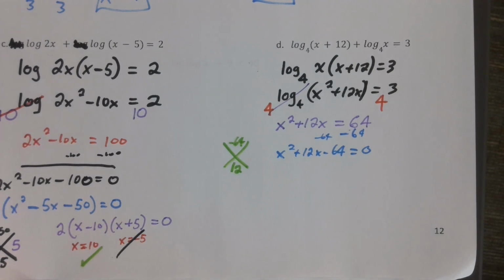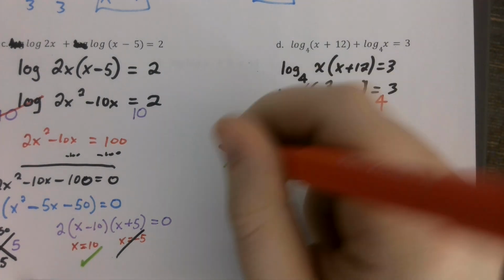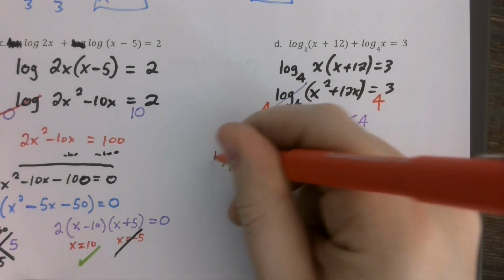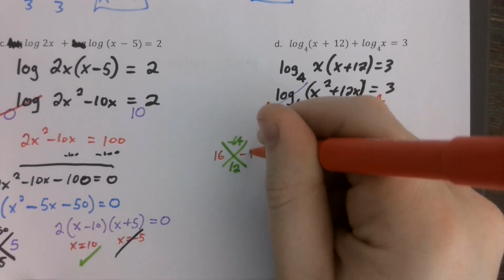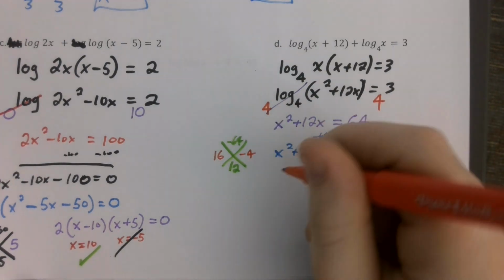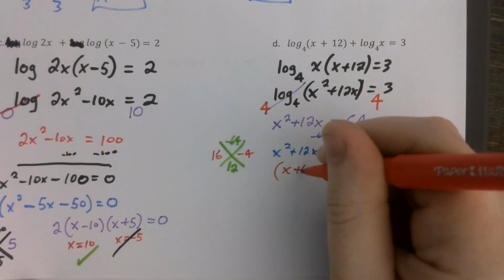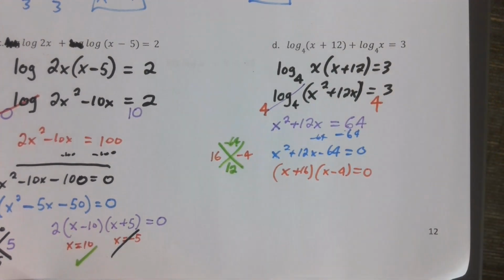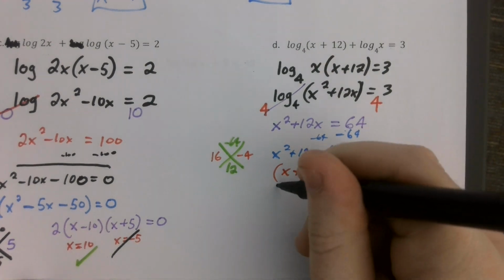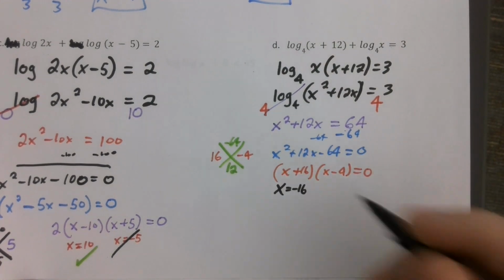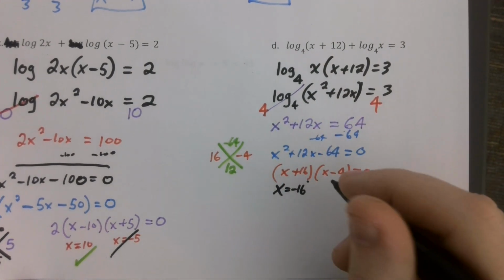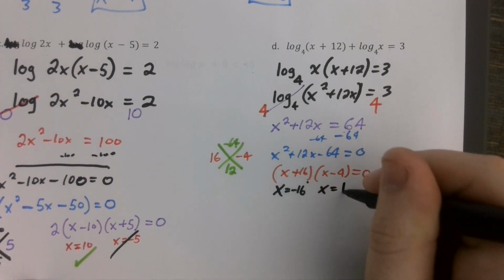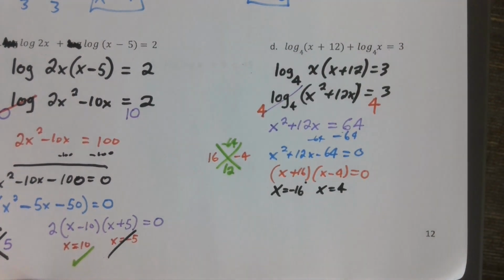This one was actually a little bit of a tricky one, but we do get two numbers that make it happen. Two numbers being 16 and negative 4. So we get x plus 16 times x minus 4 equals 0, and we get our two solutions. Our negative 16, because negative 16 plus 16 is 0, and 4, because 4 minus 4 is 0.